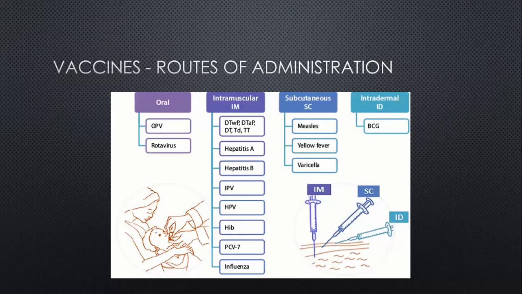So we have oral, intramuscular, subcutaneous, and intradermal administration. And these routes of administration are related to the vaccines that you see beneath each one. Okay, and here you have the angle, for example, for intramuscular, subcutaneous, and intradermal routes of administration.